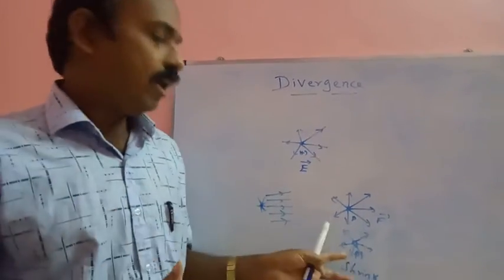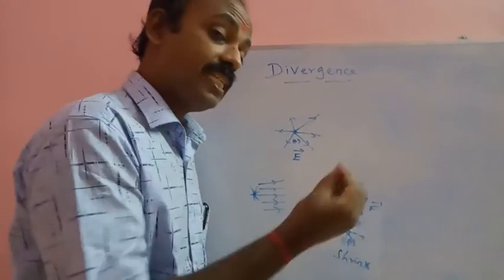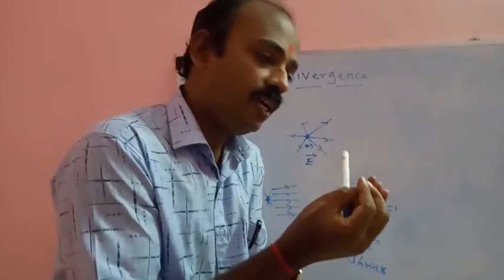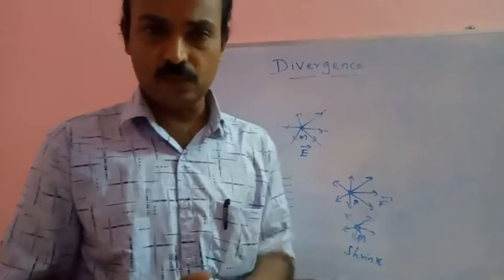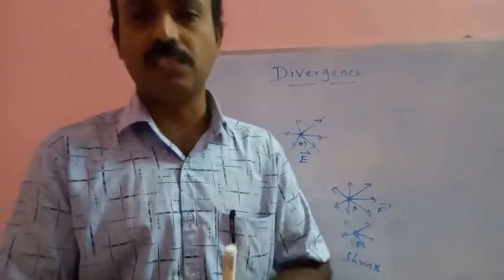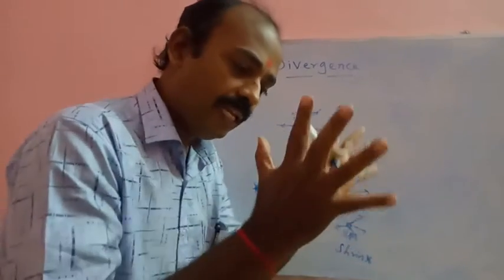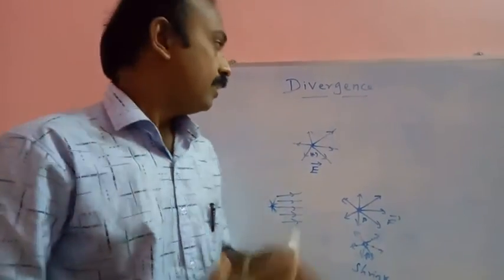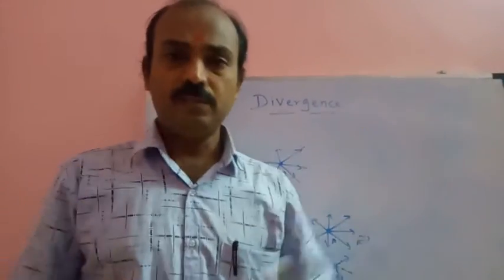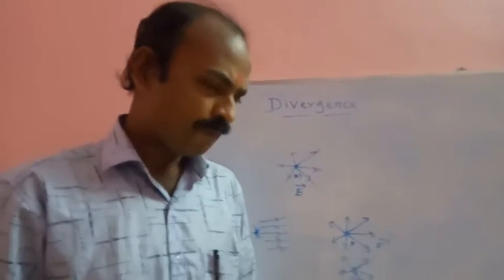As the volume of the point shrinks to zero, this point where the vector field originates shrinks to zero, but the field volume is going to increase. That is another explanation of this divergence.